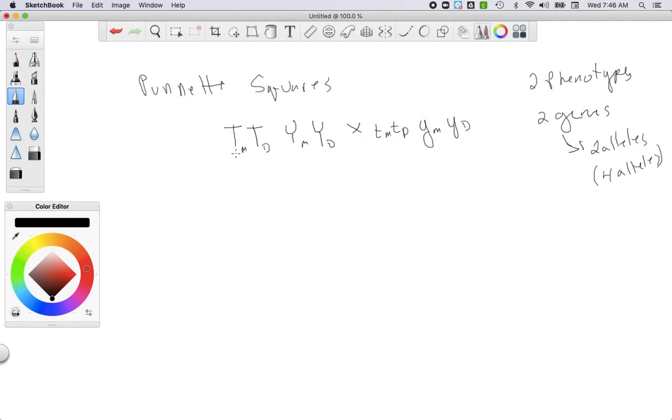And all you would do is take this T, combine it with that to give you 1 gamete.